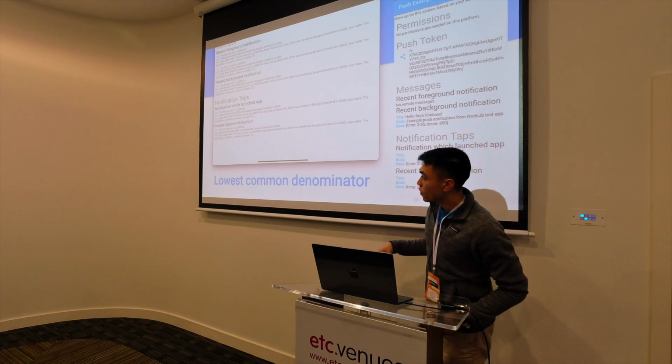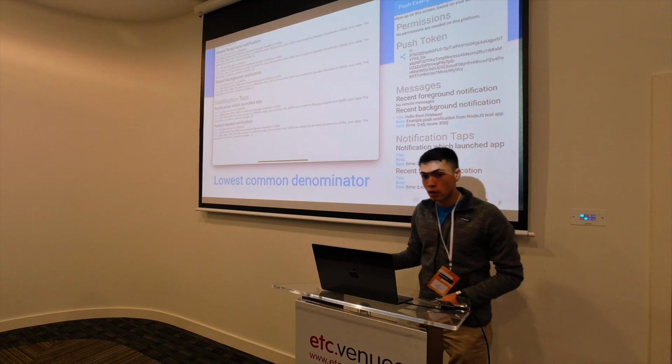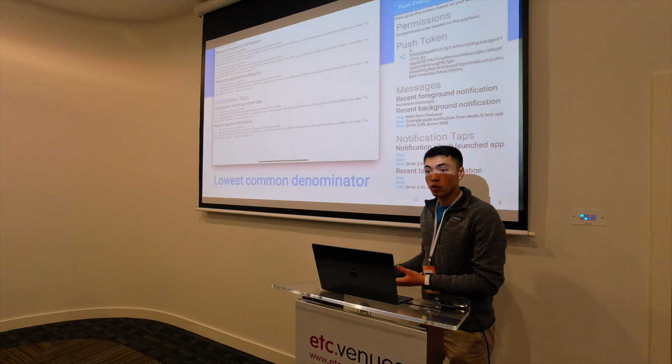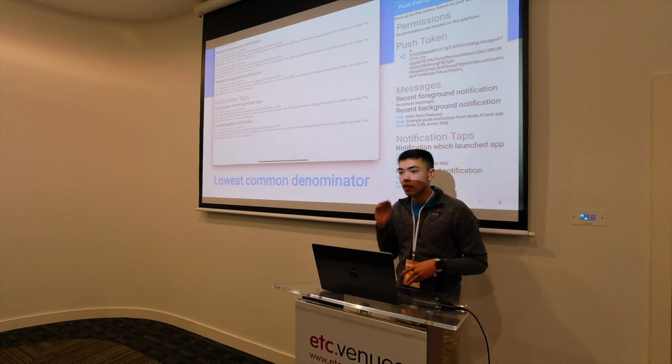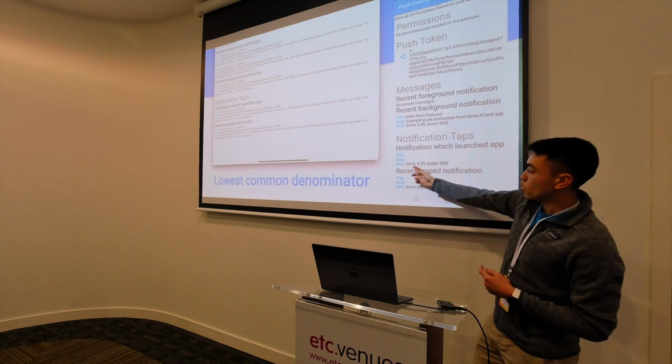One thing I thought about: there was an issue on Android where if someone taps a notification, you wouldn't actually get the title and the body of the notification. So your code wouldn't be able to tell what the title of this notification was. It would look like this: you just have the data.